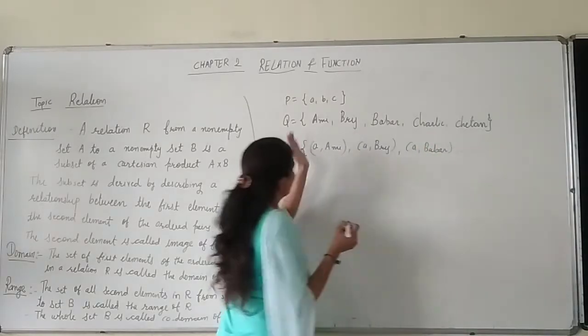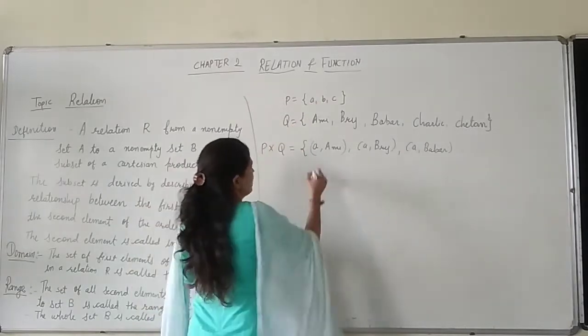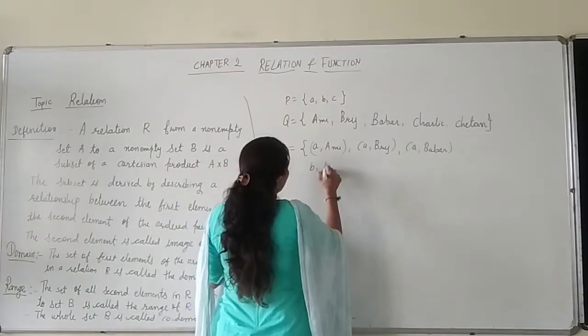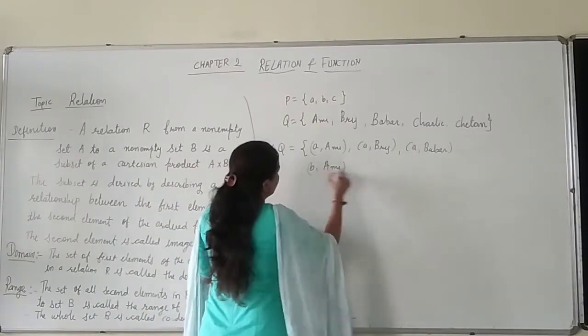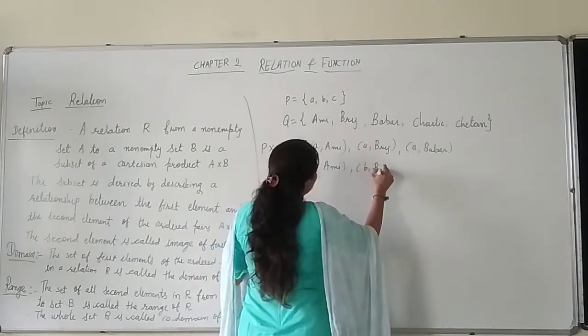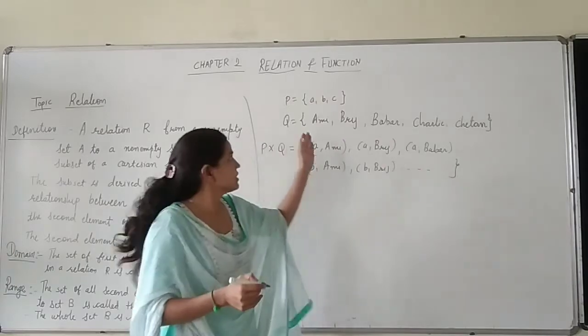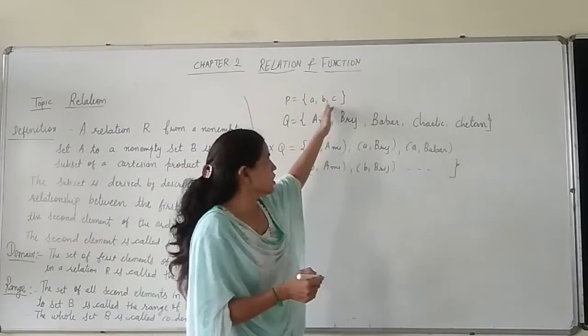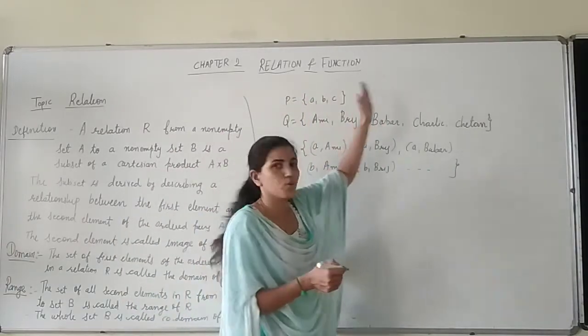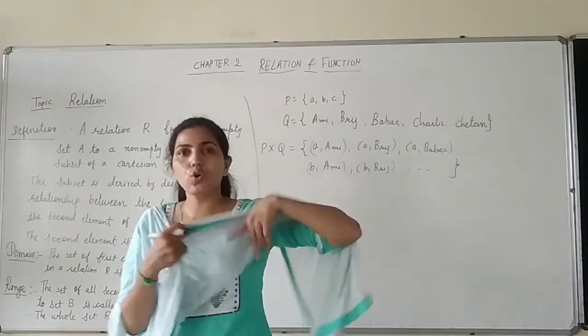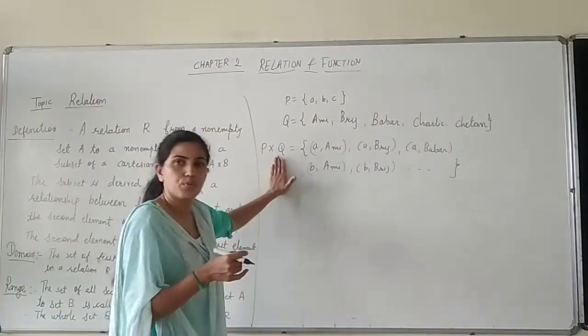Similarly B, Ami, then B, Bridge. Similarly C, Ami, C, Bridge, C, Babar, C, Charlie, like this. So this is the Cartesian product.